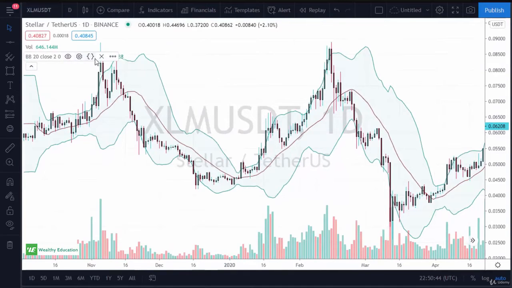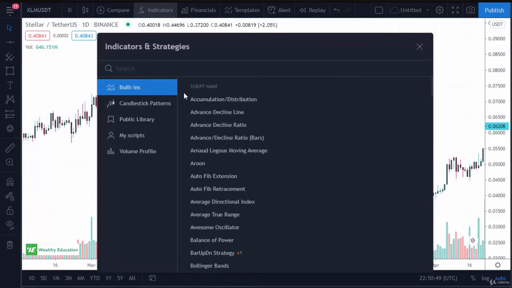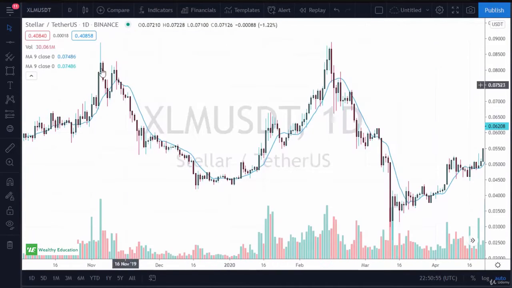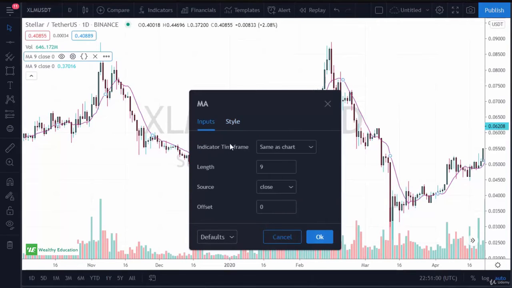So let me get rid of the Bollinger Band. And I will put simple moving averages for now. And let's make this a red 50.